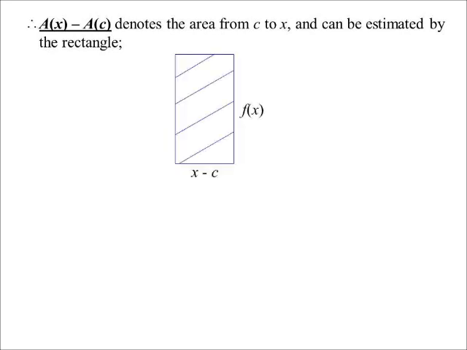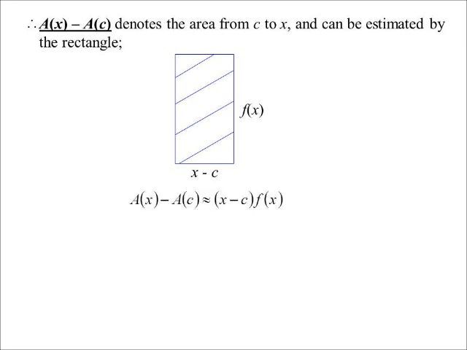So let's draw it up again. I've made the top actually straight this time. The width of that rectangle would be whatever the difference in those x values were. So x minus c. The height would be f(x), or f(c), but we're estimating those to be pretty much the same because we're having the width so small. So f(x).